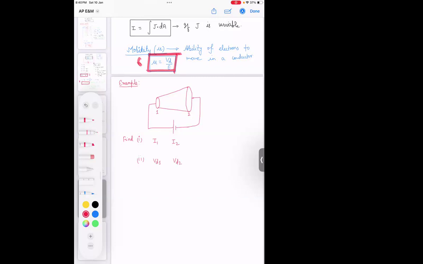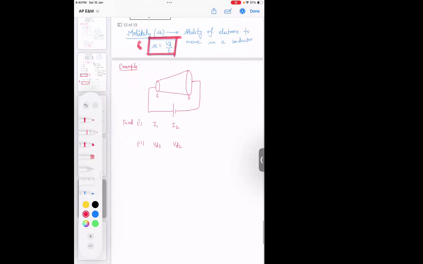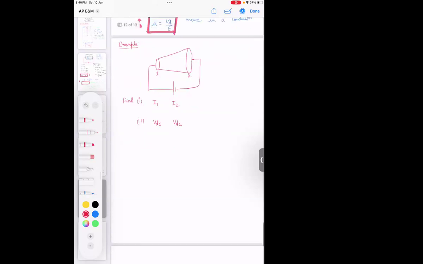You have to answer in equality and inequality form. That means you have to tell, as we go from 1 to 2, is the drift velocity increasing or decreasing? It's a uniform conductor. Uniform conductor means what?